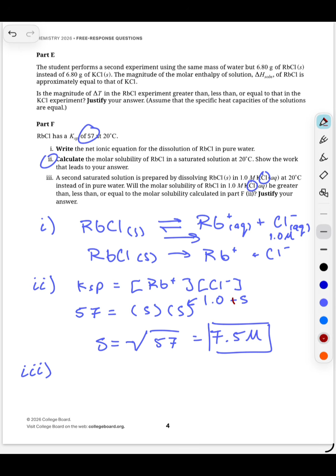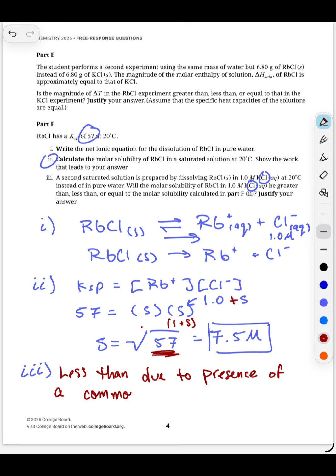Or 1.0 plus S, my bad. Yeah, it'd be positive. So this expression now becomes 1 plus S. If we rearrange this, we end up getting a smaller number here, which means that if we take the square root of it, this number should then be smaller as a result. So we would say that the solubility is going to be less than before, due to the presence of a common ion, which is the chloride ion.